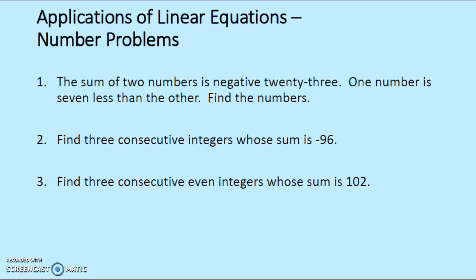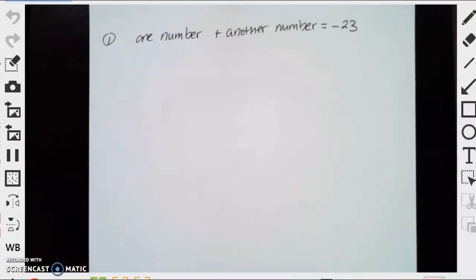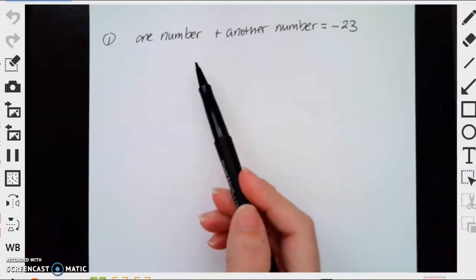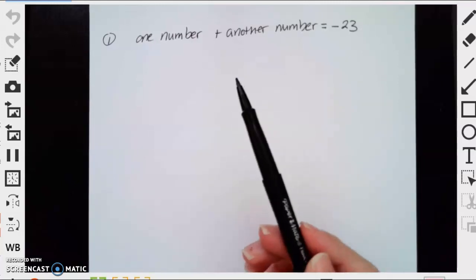One number plus another number equals -23, and then I'll show you what that looks like. All right, so one number plus another number equals -23. The sum of two numbers is -23.